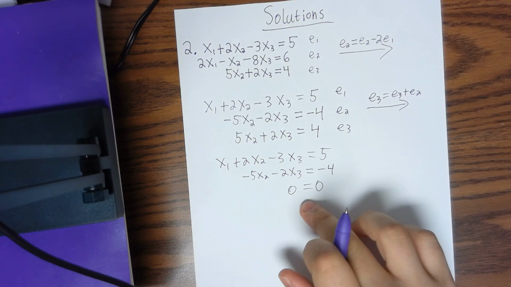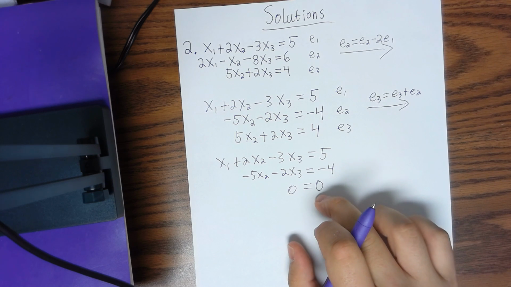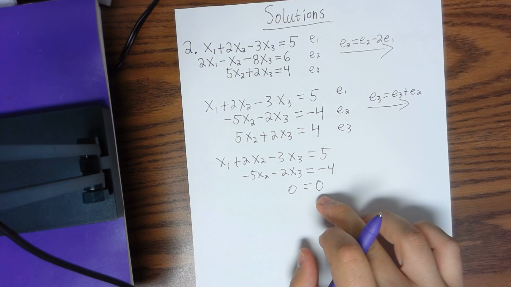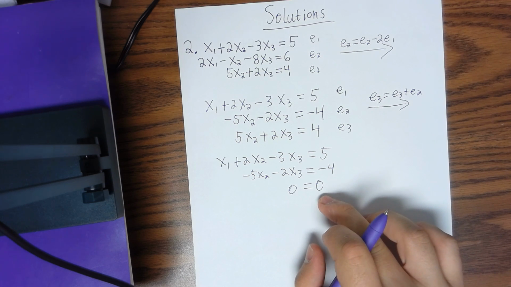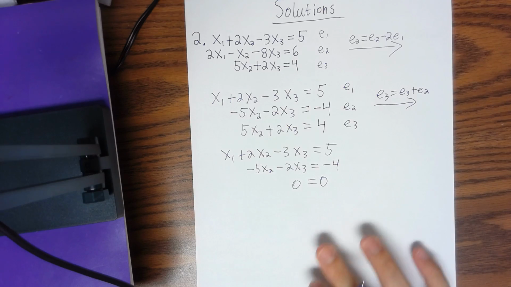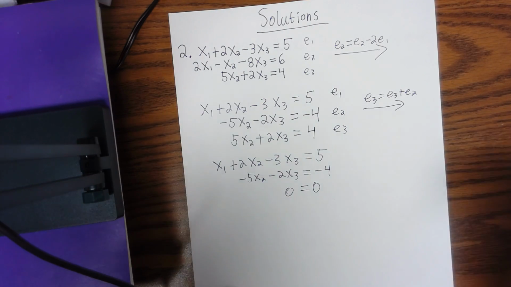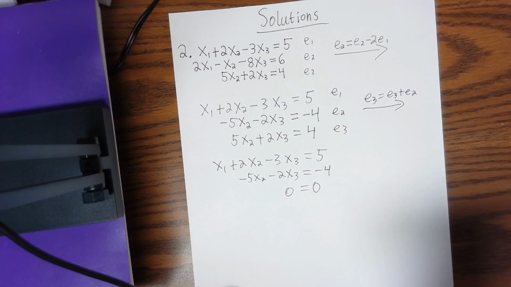Now, the difference here for this system is that since we have a 0 is equal to 0, we're not inconsistent, because 0 is equal to 0. So we're actually able to solve this. But since we aren't able to say what x3 is, like we can't say x3 is some number, we're going to treat x3 as a variable.